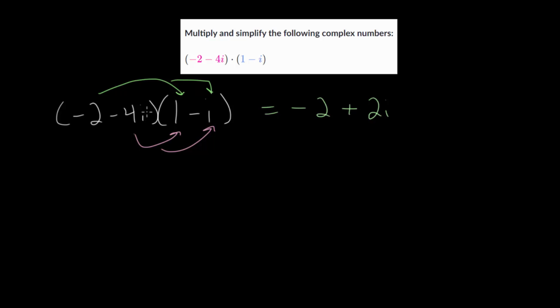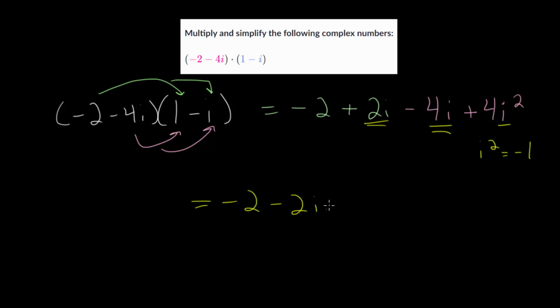And we get minus 4i times 1, so that's just minus 4i. And minus 4i times minus i, so that would be positive 4i times i, which is just i squared. And now we can make our substitution since we know i squared is negative 1. And we can combine these like terms here. So we get minus 2, and then plus 2i minus 4i, that's minus 2i.